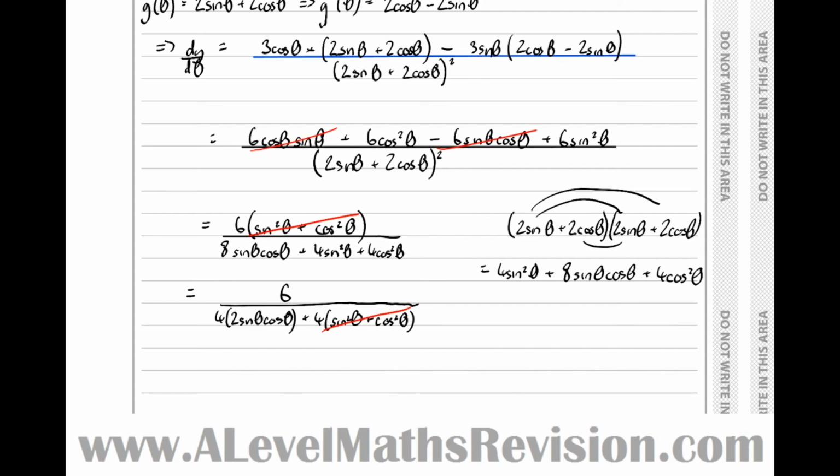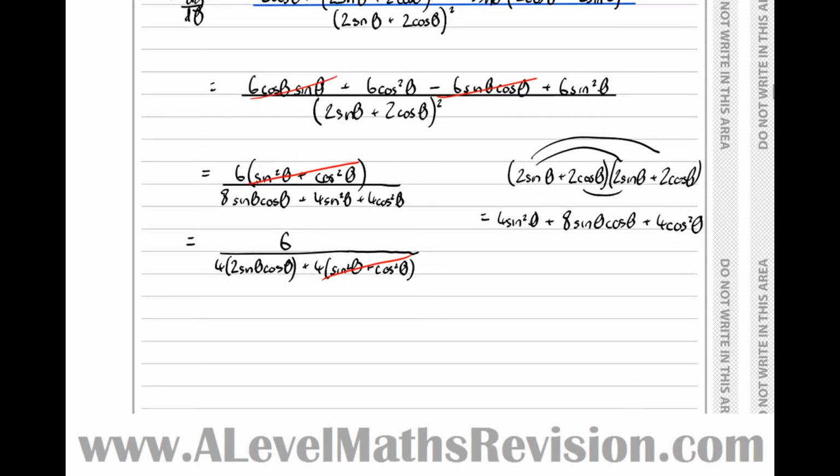And here we've made it blindingly obvious, hopefully, that this is sine 2 theta. If you didn't know that this was sine 2 theta, go to my trig ratios, compound angle formulae and double angle formulae videos. Get it learned, you need to know that for the exam. So equals 6 over 4 sine 2 theta plus 4.